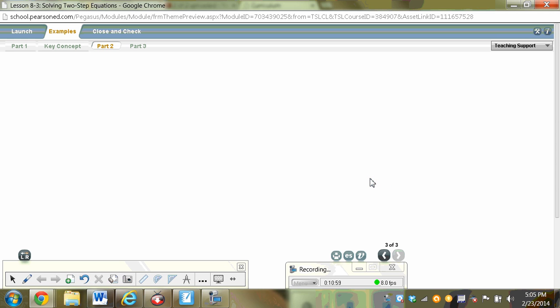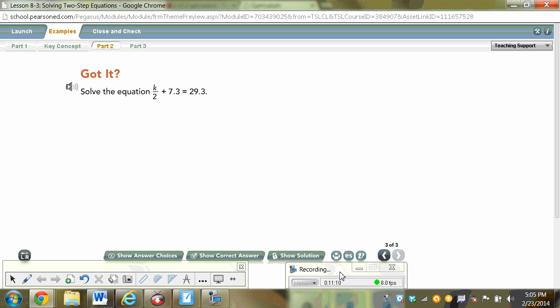Okay, so we need to solve the equation k divided by 2 plus 7.3 equals 29.3. What is the first thing I've got to do when I'm looking here? Because I'm undoing. So if this is PEMDAS and I want to undo, anything that's being added or subtracted, the 7.3, correct.